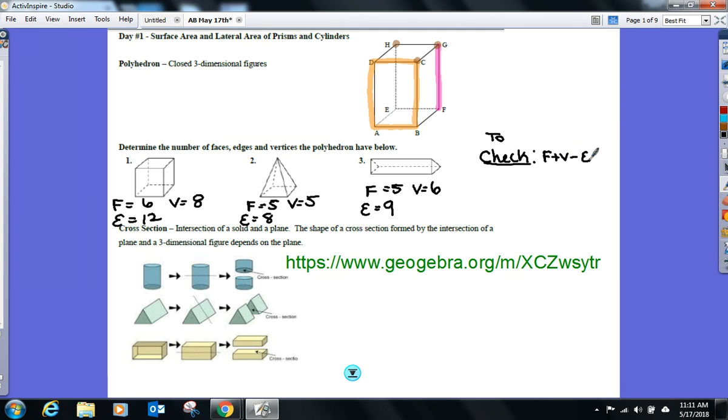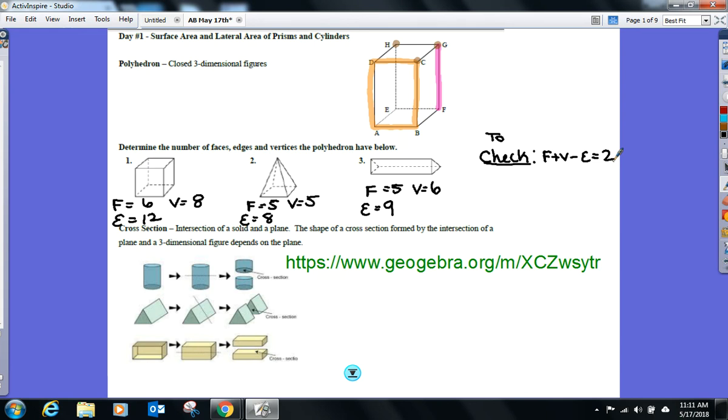So if you add your faces, vertices, and subtract your edges, every single time, every polyhedron, you're going to get the number 2. Test it out right now. Pick one of our polyhedrons. Faces plus vertices minus edges, is it always 2? Every time, ladies and gentlemen, every time.